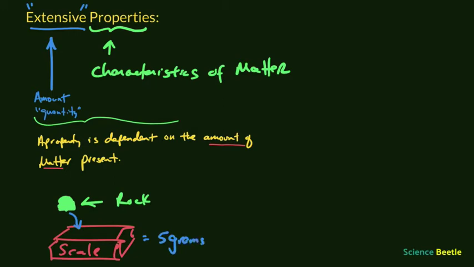The mere fact that I have only one rock on the scale gives a certain amount of mass for this specific amount of matter in the form of the rock.